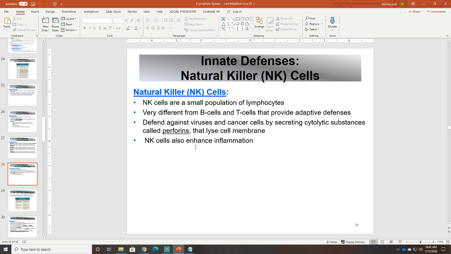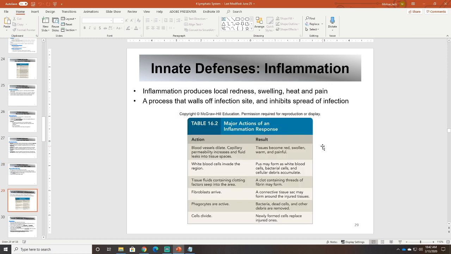So the natural killer cells also enhance inflammation, and the inflammatory response produces local redness, swelling, heat, and pain. It actually increases blood flow to the area. It causes vasodilation of the local capillaries, and as blood flow to the area increases, it's going to look more red, right?